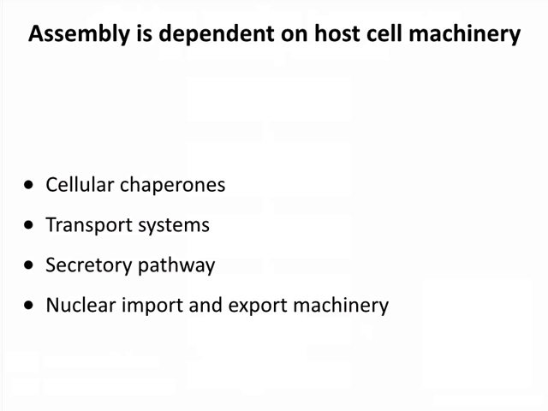And you also need nuclear import and export machinery. Right? mRNAs, of course, come out of the nucleus. Proteins can go back in. Sometimes virus particles are assembled in the nucleus, and then they have to go back out again. These are just some of the cellular systems that are involved. At every step, the cell participates.